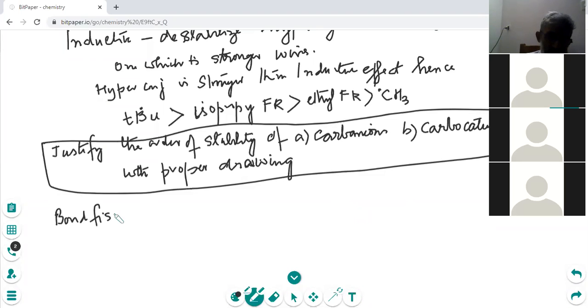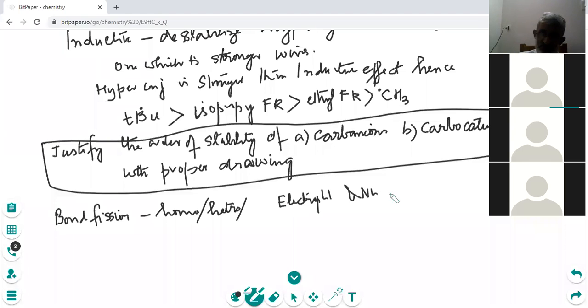Bond fission, homolytic and heterolytic. Then we have discussed the electrophiles and nucleophiles.